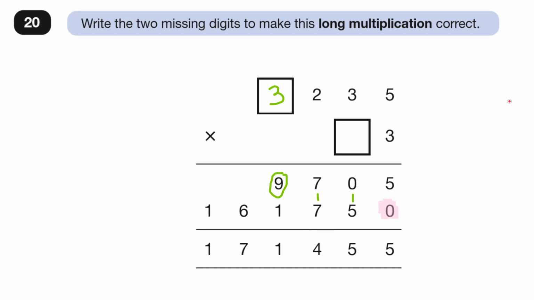So what you could do is to think about all the different multiples of 5 that end in a 5. So we've got 5, 10, 15, 25, 35 and 45.